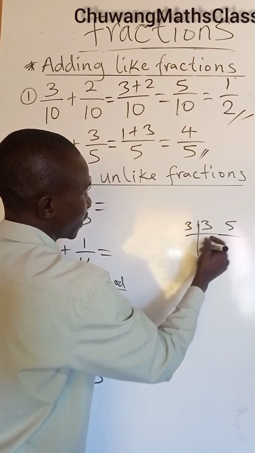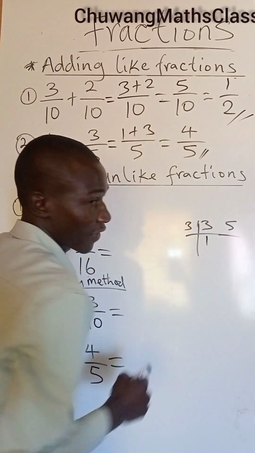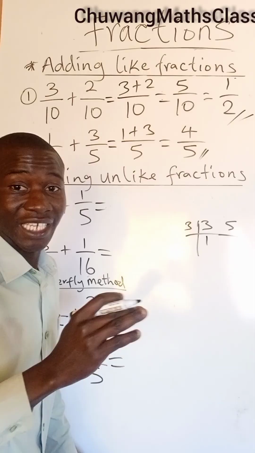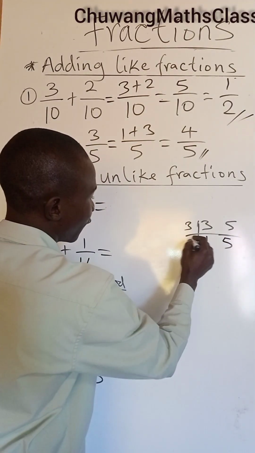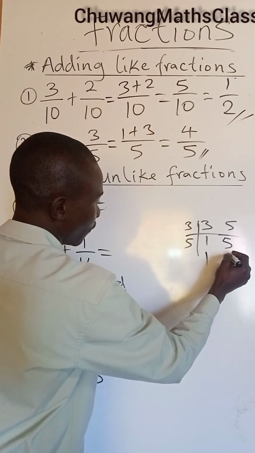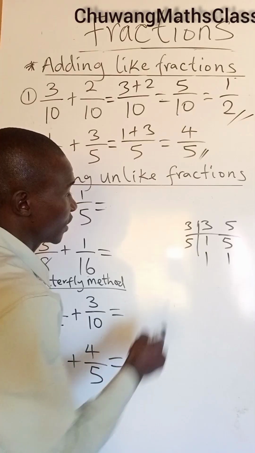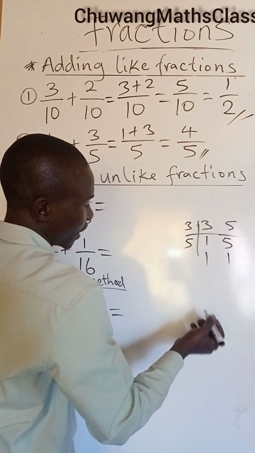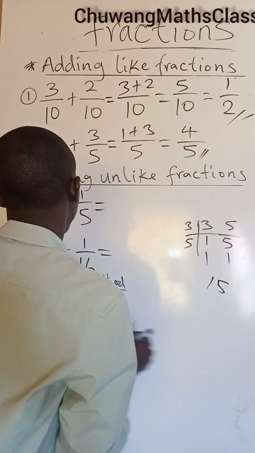So 3 here can enter 1. 3 can go into 5, but we have a remainder. If it has a remainder, please bring down the 5 the way it is. So here 5, we have 1 already. So 5 into 5 will enter 1 time. So your LCM is 3 times 5, which will give us 15. 3 times 5, which is 15.